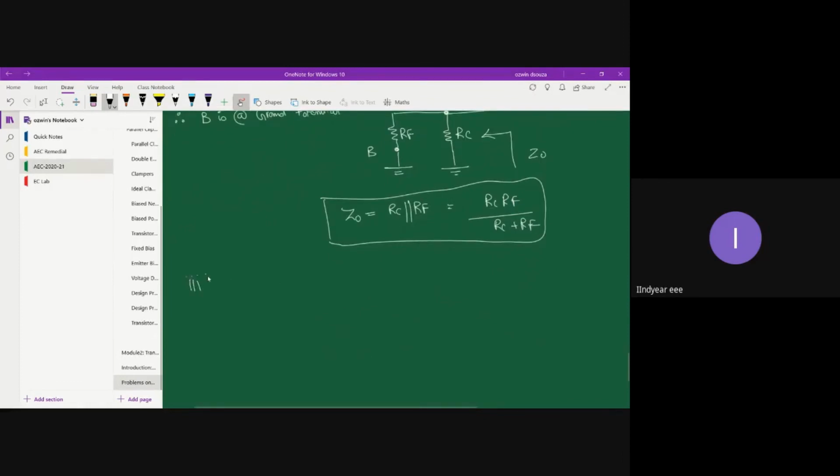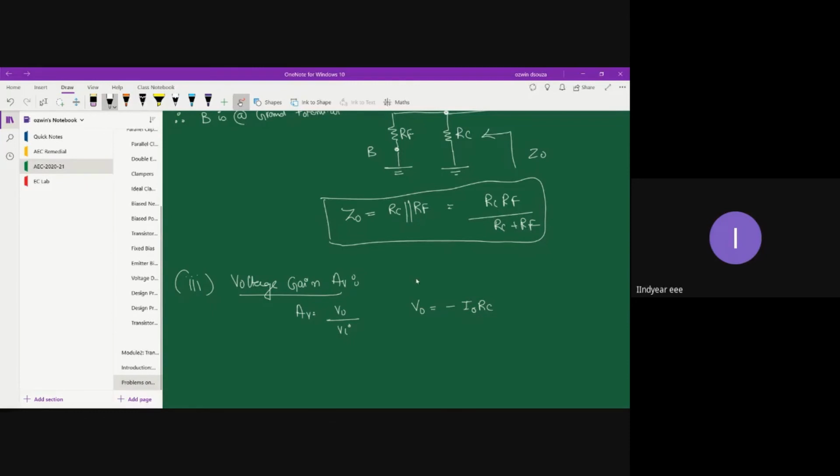Next, we have the third performance parameter, voltage gain AV. By definition, voltage gain AV is V0 by Vi, where V0 can be written as minus I0 into RC.